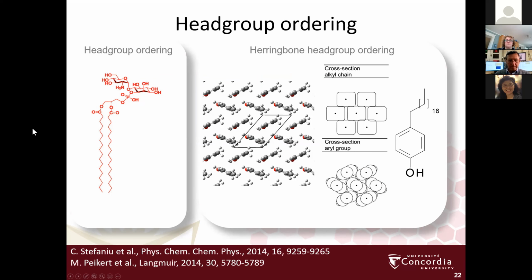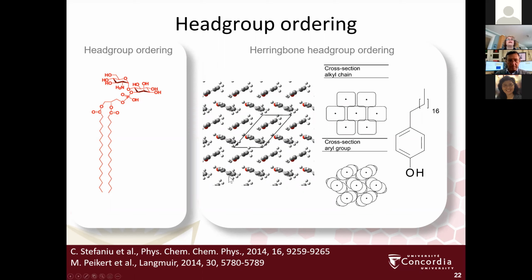In our case, we have a system where our head group size is commensurate with the chain size, which we did not see when we did the diffraction on our double chain lipids. So that certainly plays a role in allowing these surfactants to get close enough together.